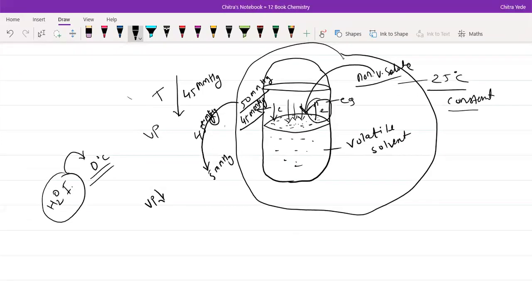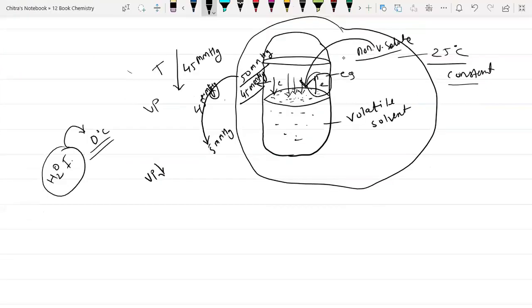So the vapor pressure is going to decrease, but how much is it going to decrease? How do we have to calculate? Again here, the freezing point temperature, I'm just taking Tf. It is for the pure solvent, so I have to take the degree 0 here.